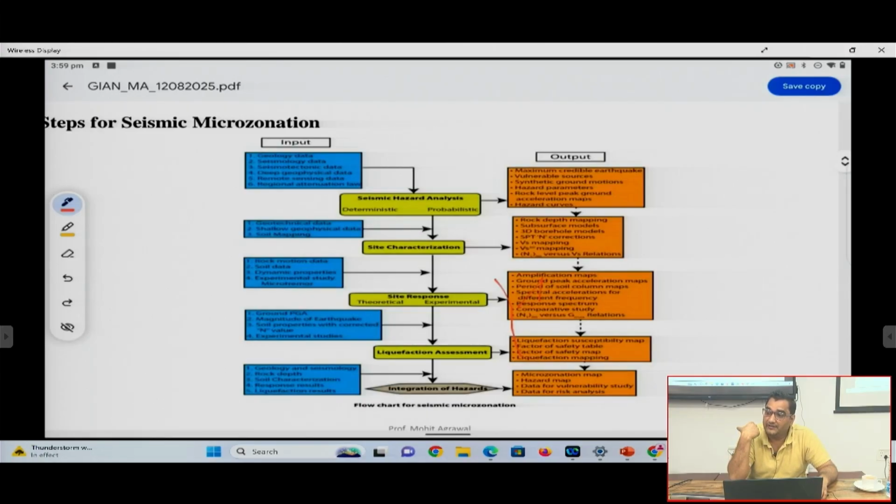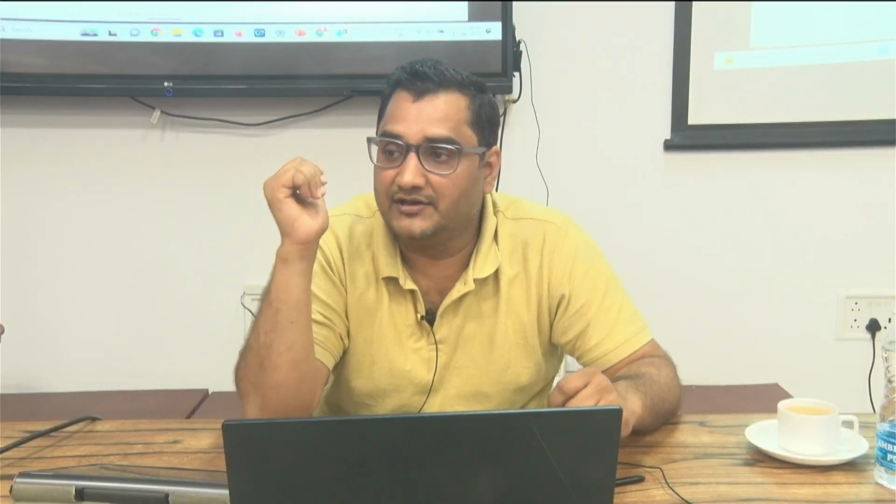And then you have the probabilistic seismic hazard analysis. You are not only finding the controlling earthquake, but you are integrating the information from all the available earthquakes, and then probabilistically, using the total probability theorem, you find the probability of a particular value of hazard being exceeded in a particular area within a given time frame.